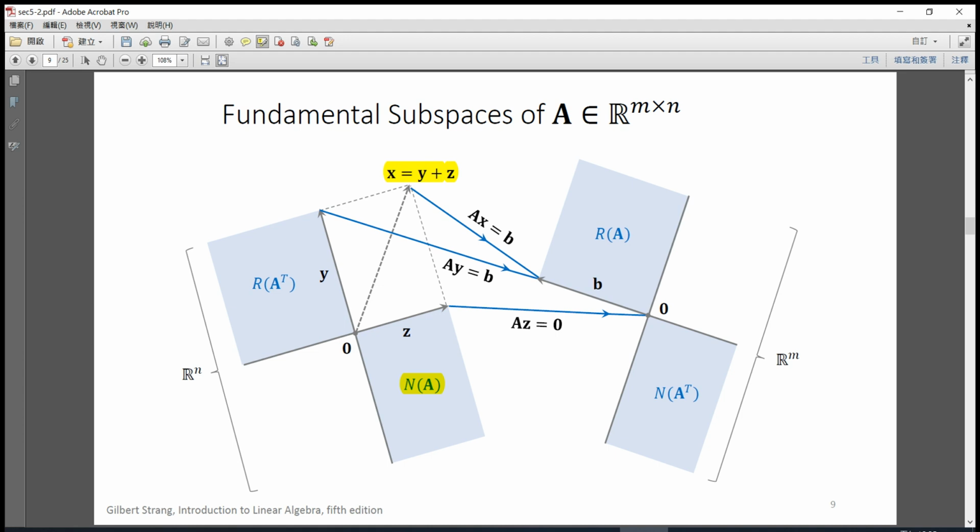In this case, x and y are different vectors, because z is not the zero vector. However, we have Ax equals Ay equals b, and both x and y are mapped to the same vector b, and thus the mapping Ax is not 1-to-1.